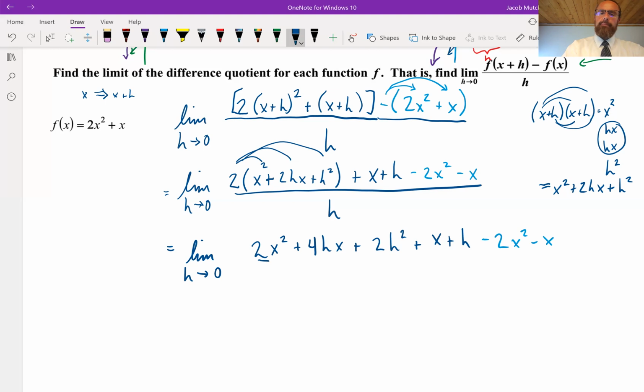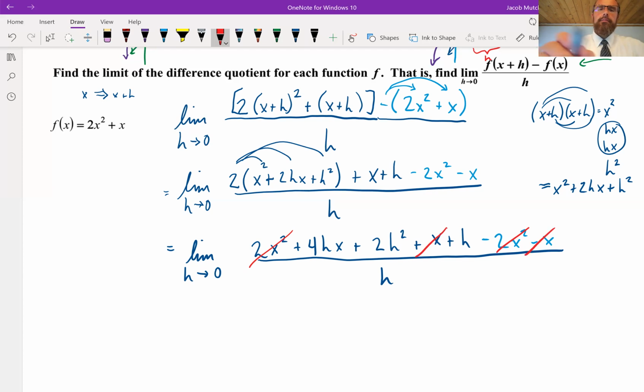Now, at this point, I'm ready to cancel 0 pairs in my numerator, items that are the same value, but one's positive, one's negative. So I do see I have a 2x squared positive and negative. Those cancel by subtraction. I also have positive x, negative x. And then with what's left, let me circle those in the green. I've got these three terms. They're all positive terms. I'm going to divide out an h.